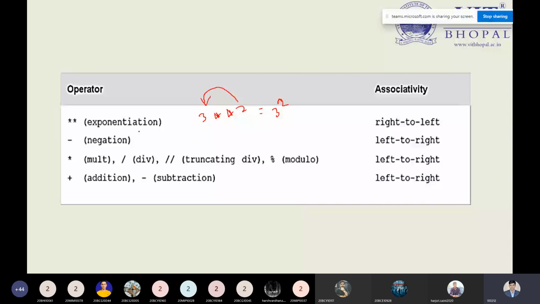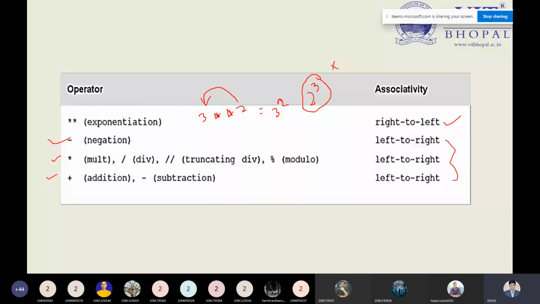So this is the associativity you need to keep in mind. Rest of the things, negative, multiplication, division, and truncated division modulo, all have left to right. So this would be read as 3 to the power 2, not 2 to the power 3. If you do it the other way, your answer will be wrong.